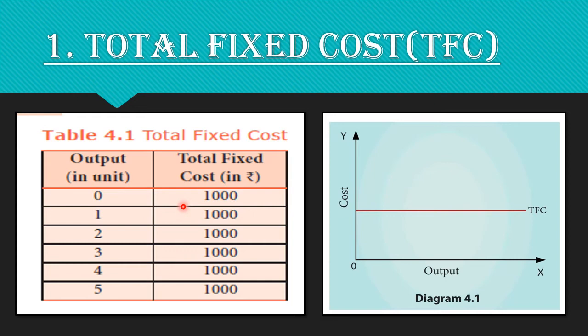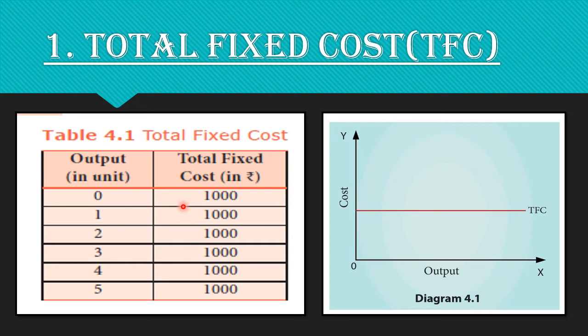You have to purchase the building, you have to go for the land, and you have to go for the machinery, and you have to spend a lot of money for that purpose. And you can't change that frequently. I just told you. But we have to calculate that cost while calculating the cost of production.